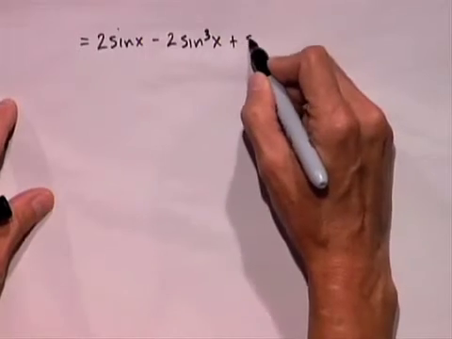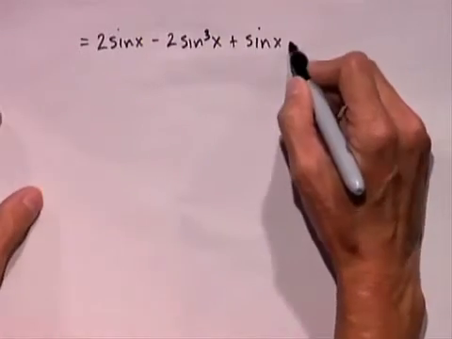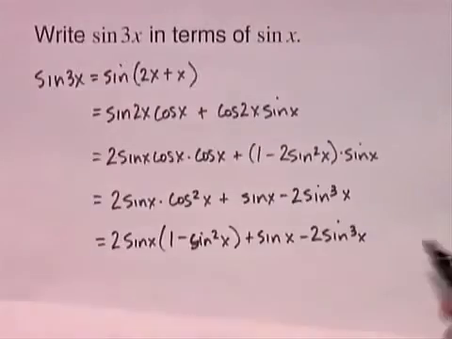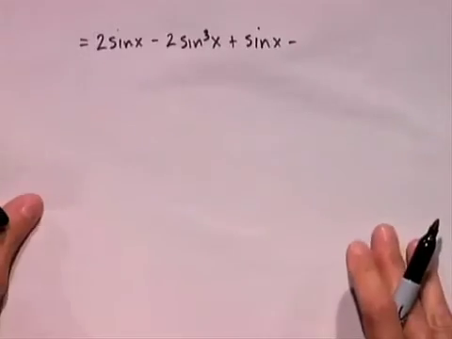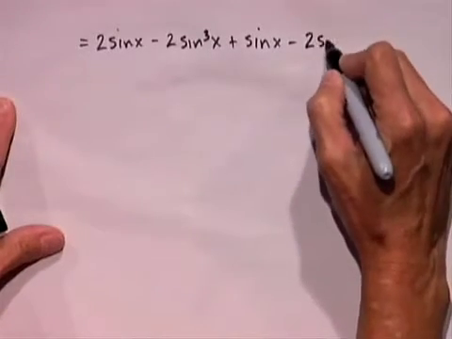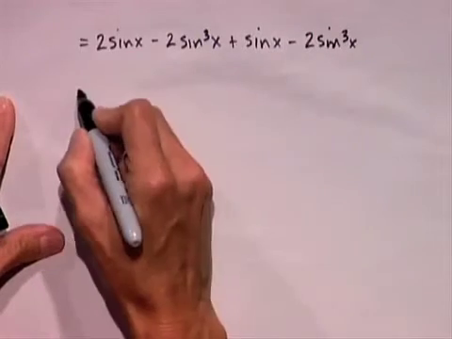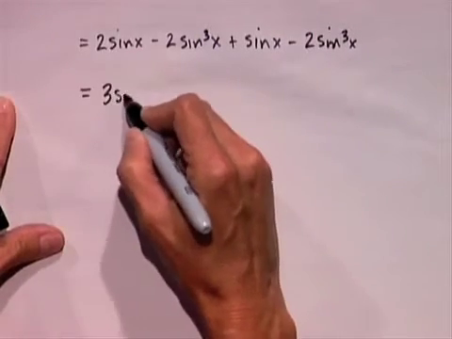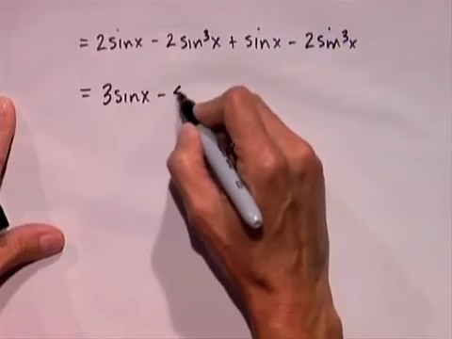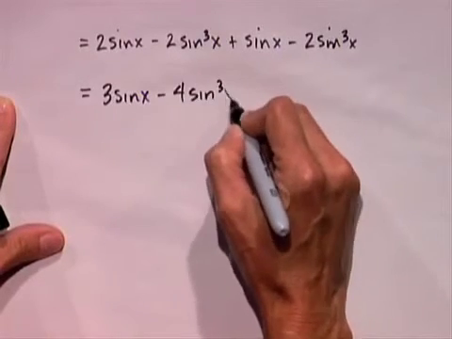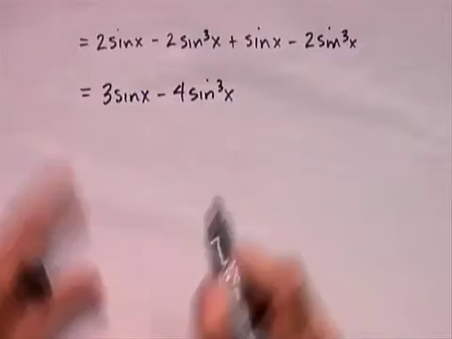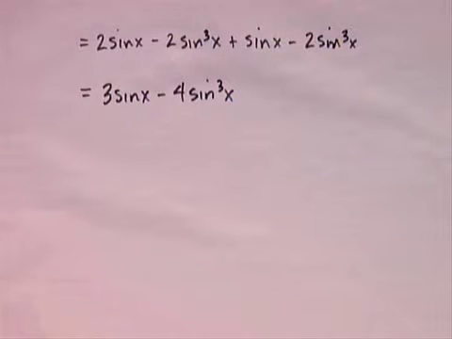I have that plus sine x minus, let's look one more time, 2 sine cubed of x. Now combining like terms, I have 3 sine x minus 4 sine cubed of x, and I wrote sine of 3x, which is where I started, entirely in terms of sine x.